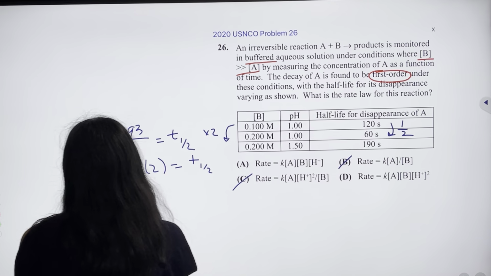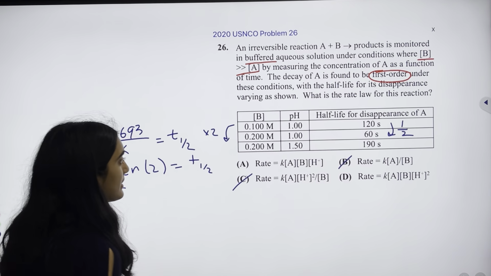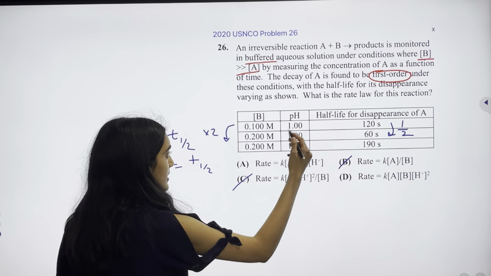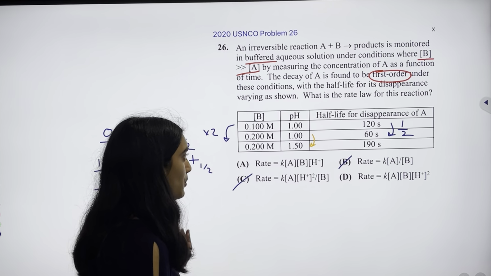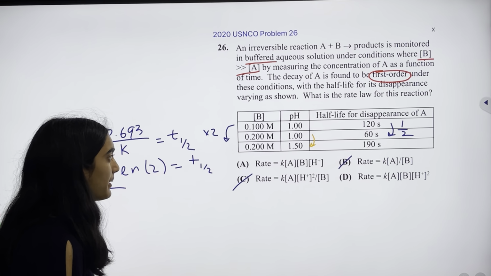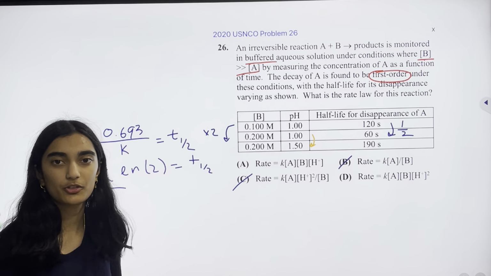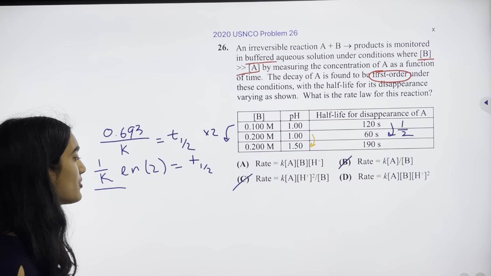Well, we're given pH, and here it's staying constant, but here we're changing it from 1 to 1.5. So what's going on with the concentration of H+ when we're given the pH?